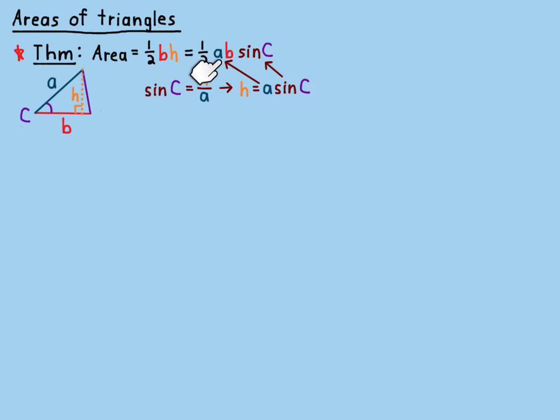And then I just put the A in to make this alphabetical. So it's a nice, easy formula to remember because it goes A, B, C. Just remember that A and B are the two sides adjacent to the angle C. So you use this if you're given two sides and the angle between them to find the area.